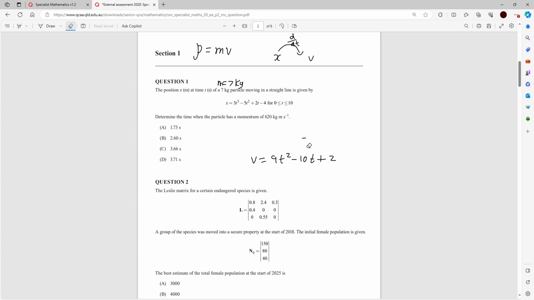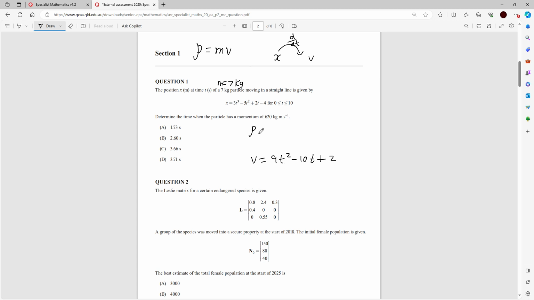Now, ideally, if you were to solve this, you would get a t, and it's actually probably one of the answers here, but that is not what the question is asking. The question is asking when the momentum is 620 kilos. So we need to convert this to a momentum equation. Momentum is mass times velocity, so you need to multiply this entire equation by 7.